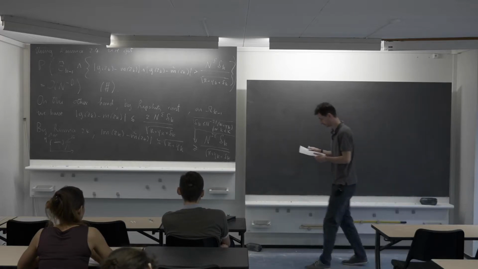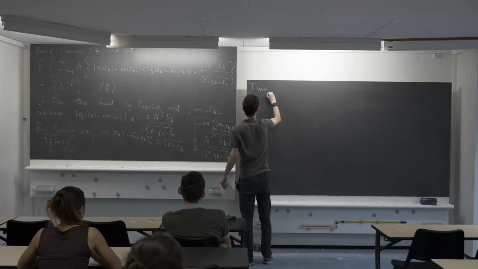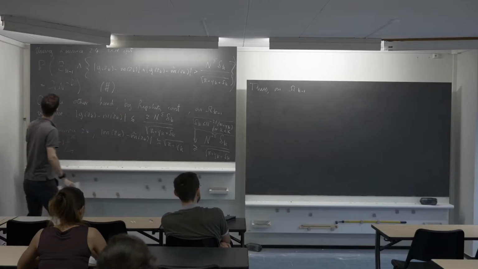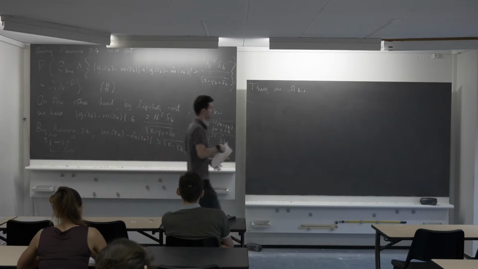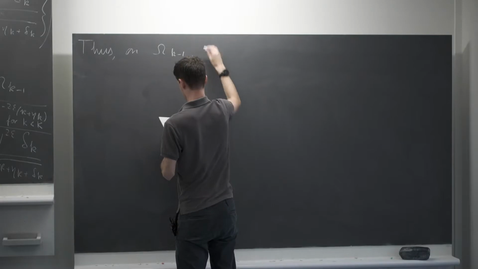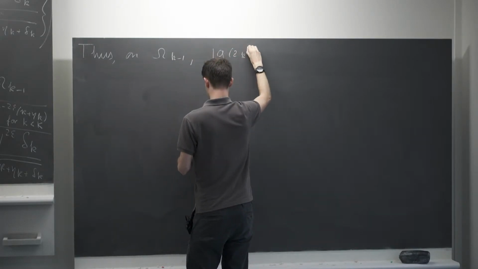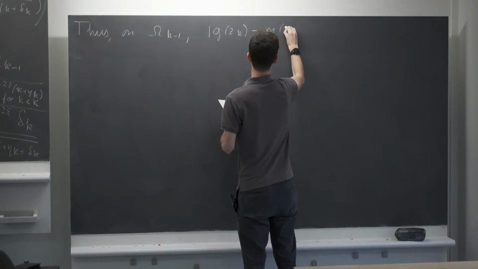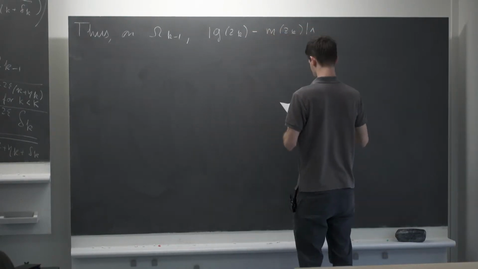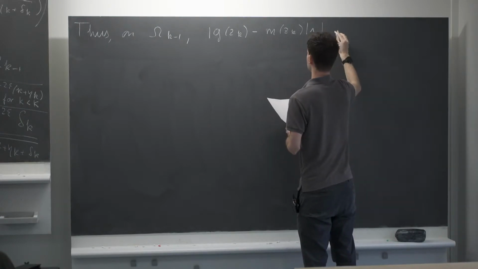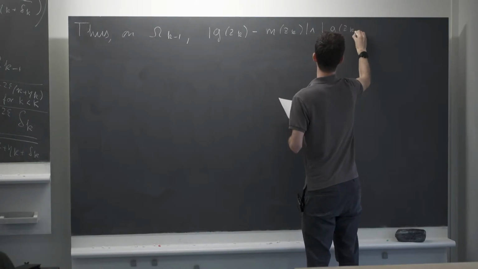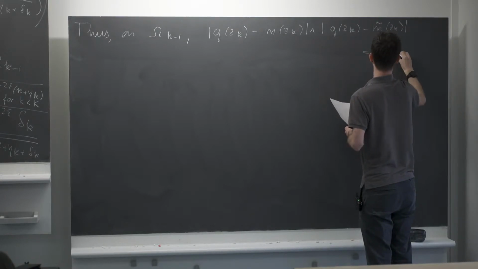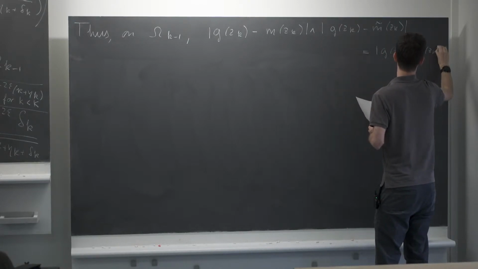Okay. So therefore, on omega k minus 1, if I work on this event, omega k minus 1, I know that, in other words, this distance, the minimum, so I'm close to the right one.